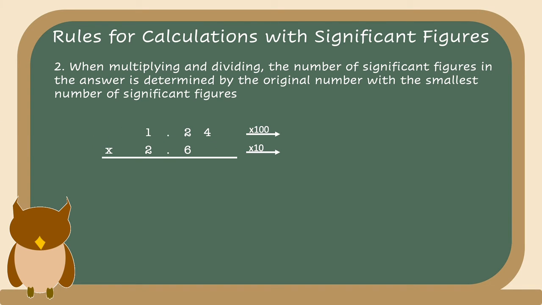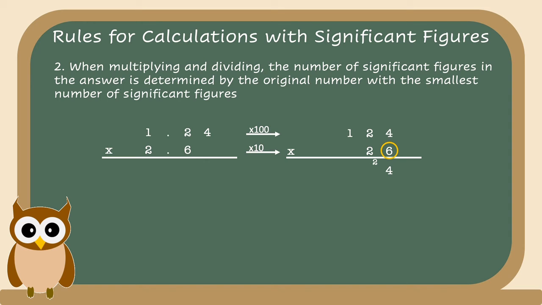So here we can do a little trick to help with multiplying. We just times the top by 100 and the bottom by 10. And we can work with 124 times 26. So starting with the 6 at the bottom, we multiply by 4. This gives us 24.